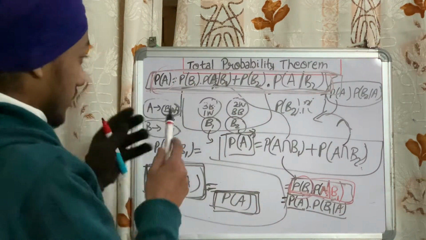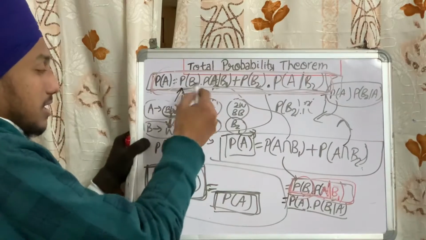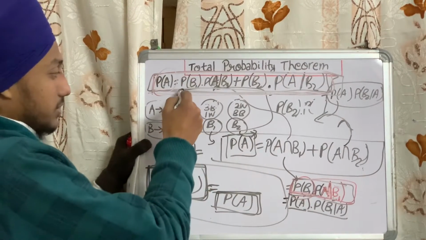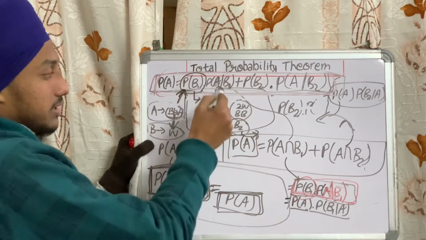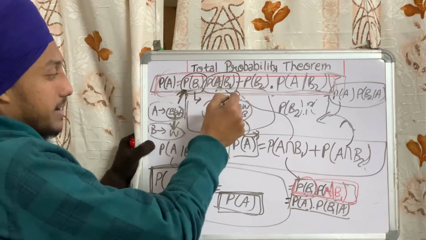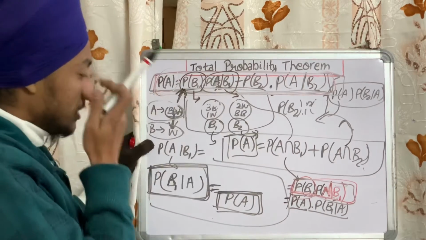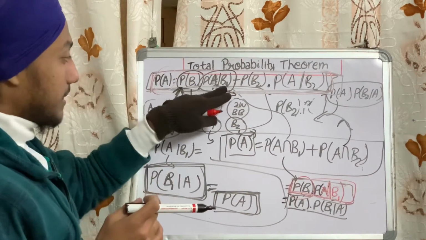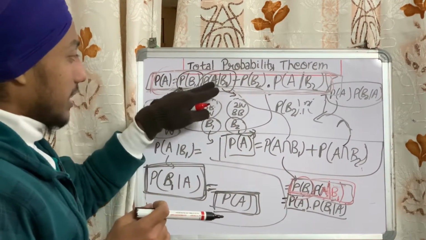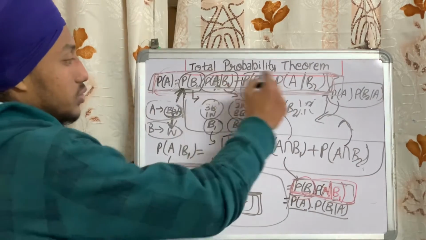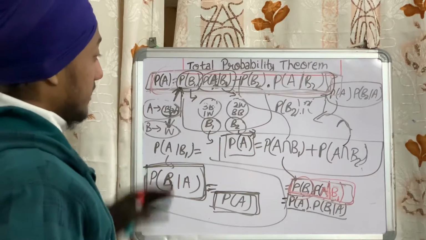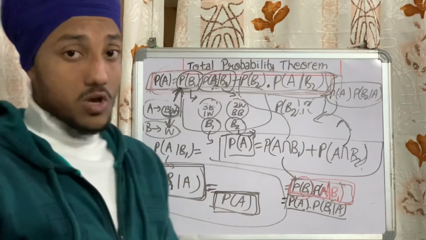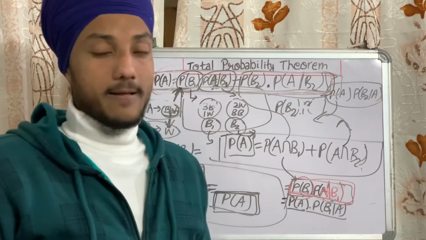First of all, we check bag number 1. Then we choose bag number 2, because we chose bag number 1 and applied the condition for finding A, and then again we choose bag number 2. So that's the total number of possibilities for finding our black ball.